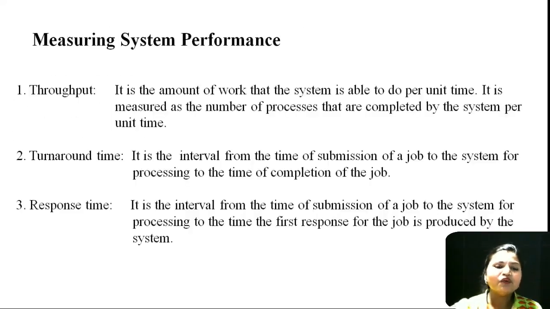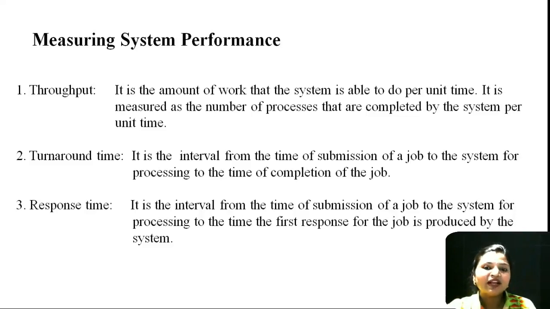Now, how can we say that our system is working properly or not? It is based upon three parameters. Number one is throughput. It is the amount of work that the system is able to do per unit time. It is measured as the number of processes completed by the system per unit time.